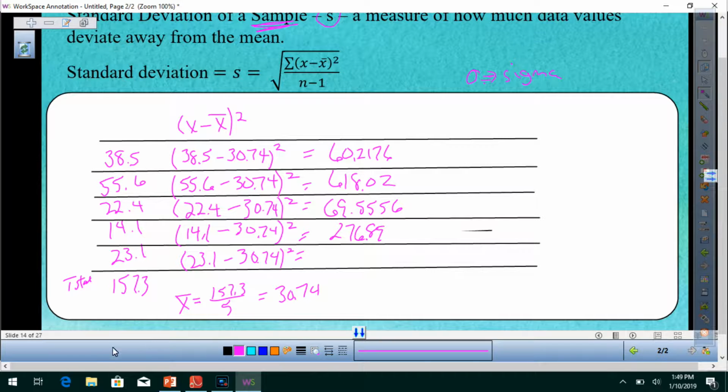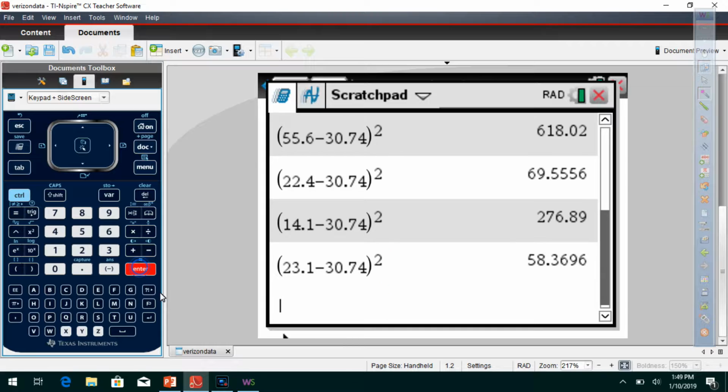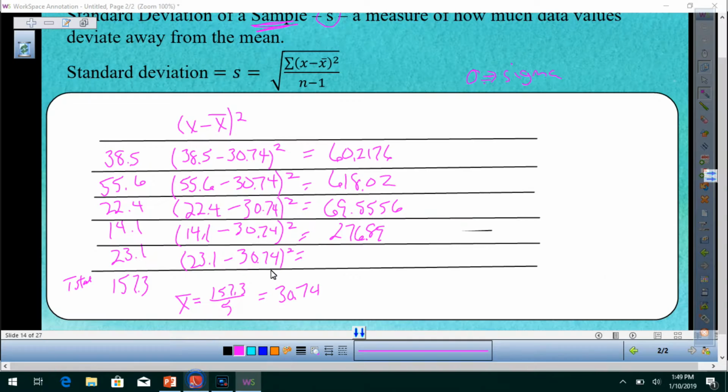And the last one, 23.1 minus 30.74, close parentheses squared, is 58.3696.